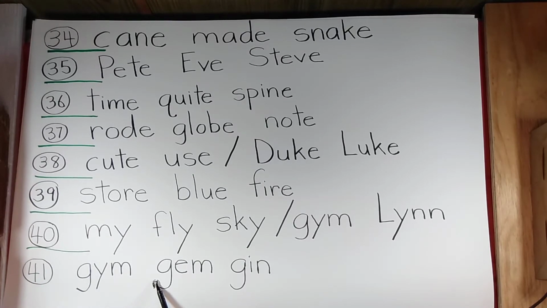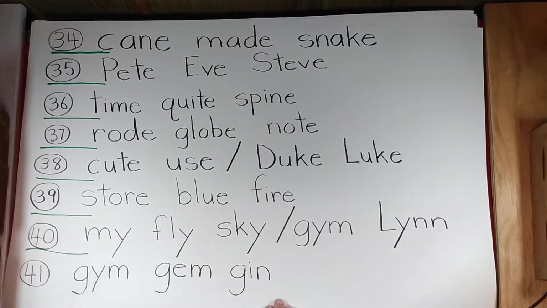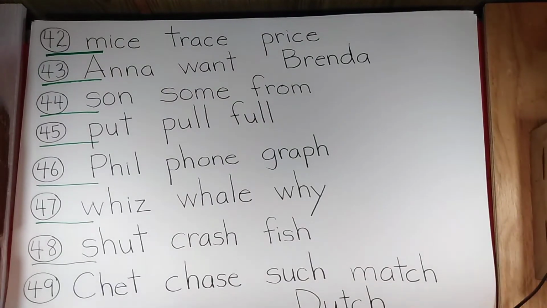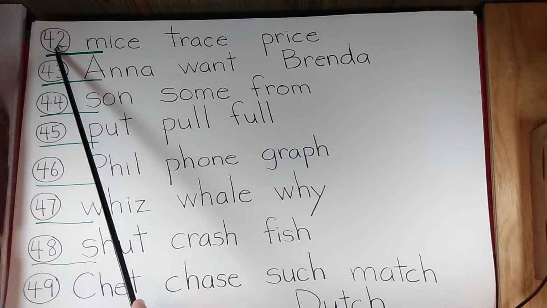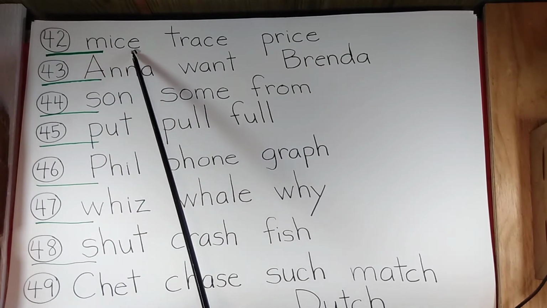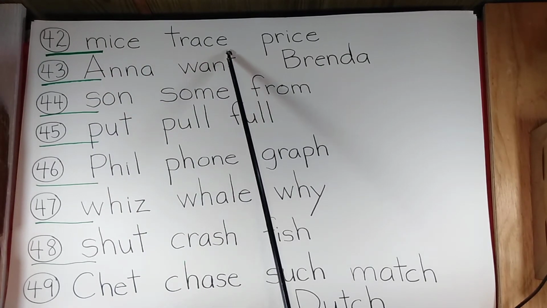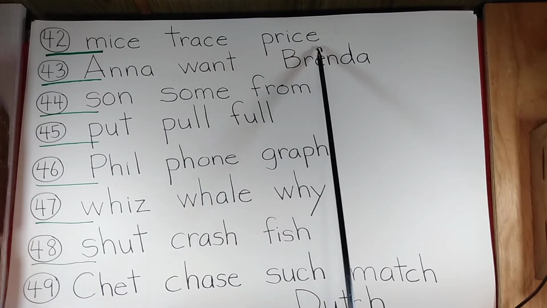Jim, Gem, gin. All right. Lesson 42, mice, trace, price.